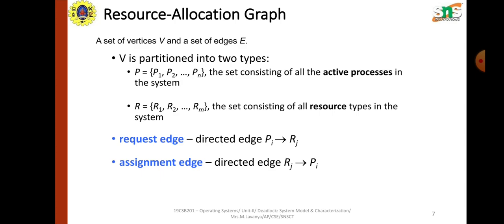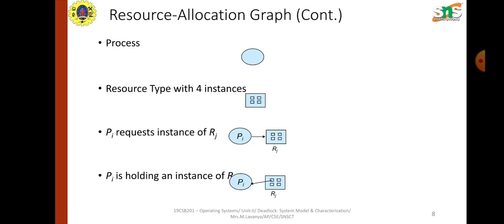Or else, if the resource Rj is held by another process and after utilization it is released, then Rj might be allocated to the process Pi. Whatever it is, the resource which is allocated to the process is denoted by an assignment edge, and the process which is requesting a resource is denoted by a request edge.